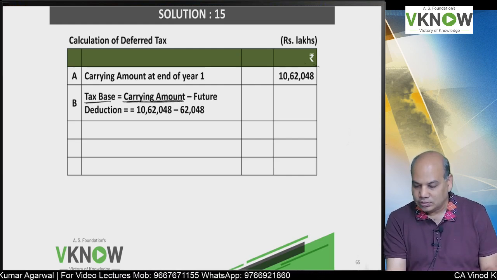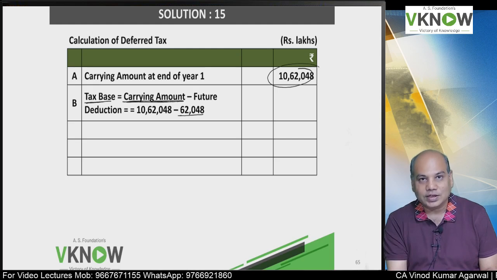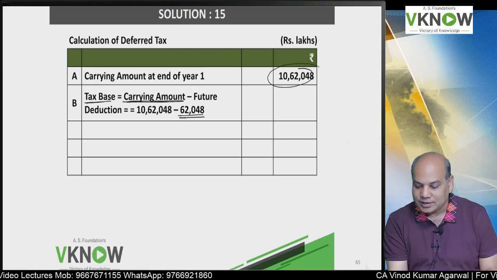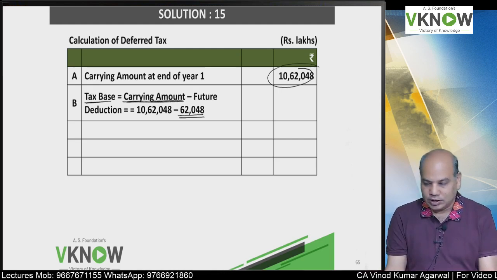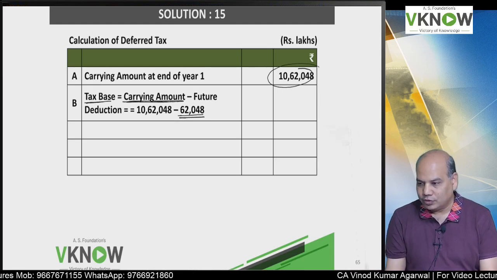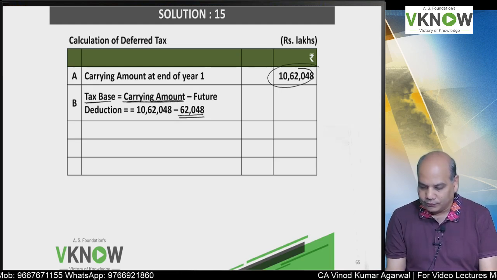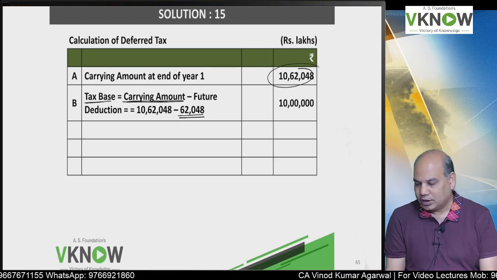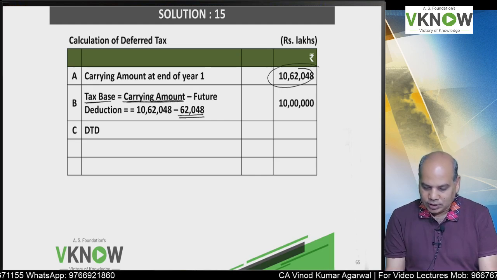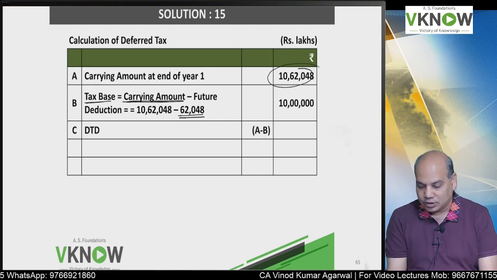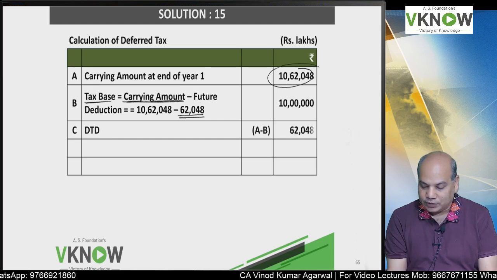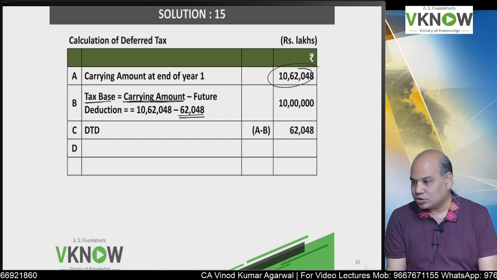Carrying amount is right. Already we have done the accounting. Future deduction out of this would be anything in excess of 10 lakh. The 10 lakh principal amount will not be deducted. So 62,048. That is over 10 lakh, and therefore the deferred tax deductible temporary difference will be 62,048.